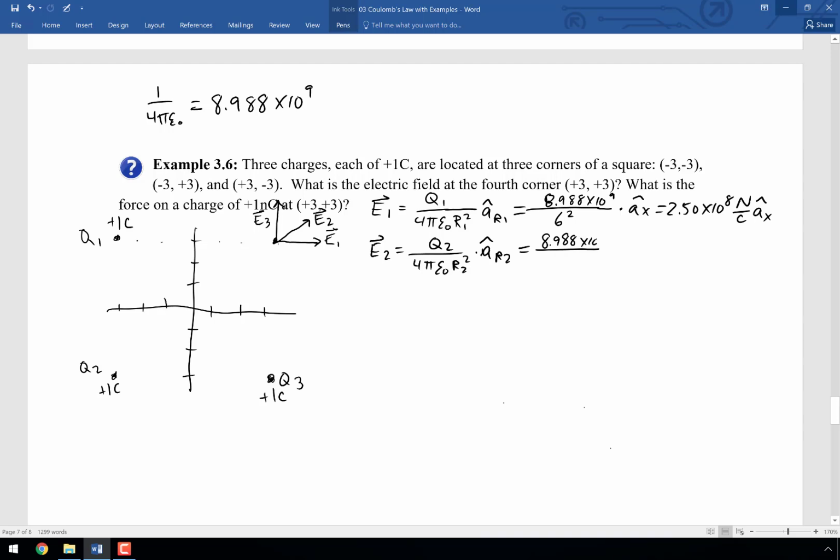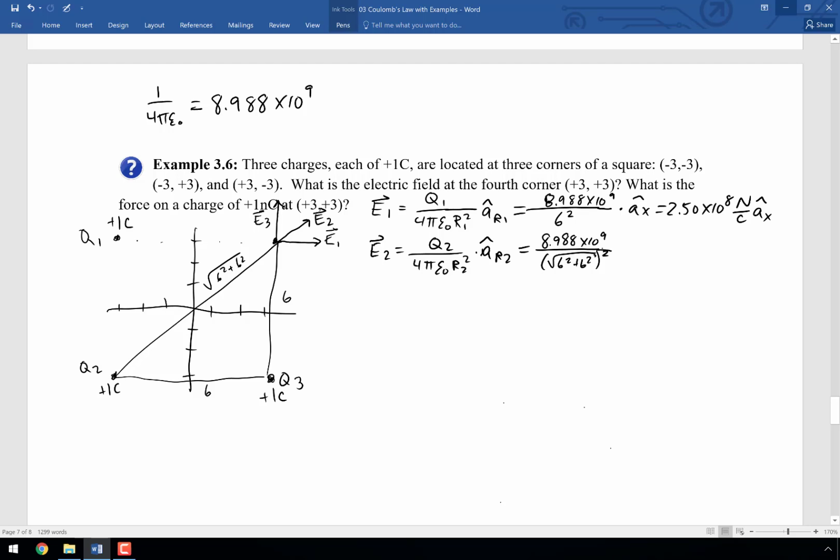So it's 6 meters away, and that quantity is squared. And then A sub R points from the source of the electric field to the place where the electric field is being felt, and so that is plus A sub X. And so this works out to be 2.50 times 10 to the 8th newtons per coulomb in the a sub x direction.